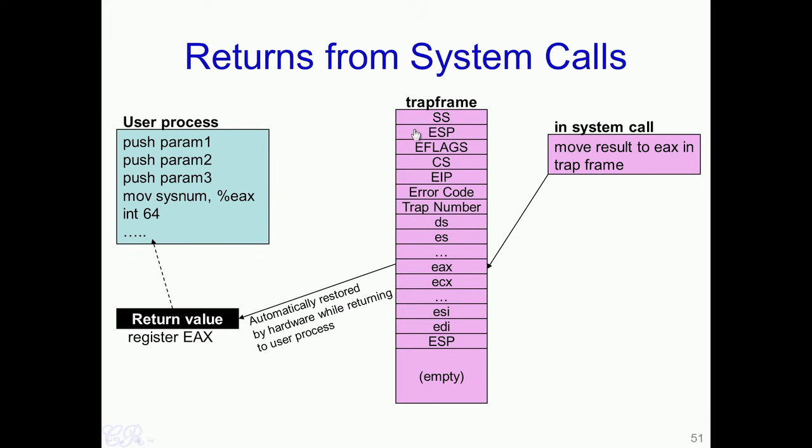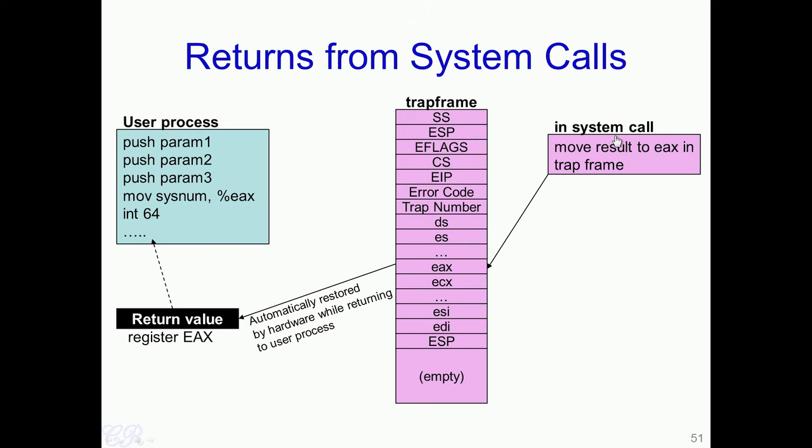Again, we will recollect that the entire reason for creating this trap frame in the kernel stack for the process is that when the interrupt or the system call completes its execution, the entire state in the trap frame is restored back into the corresponding CPU registers, and it would result in the user process continuing to execute from where it had stopped, and also the context of the user process is restored with the help of the trap frame.